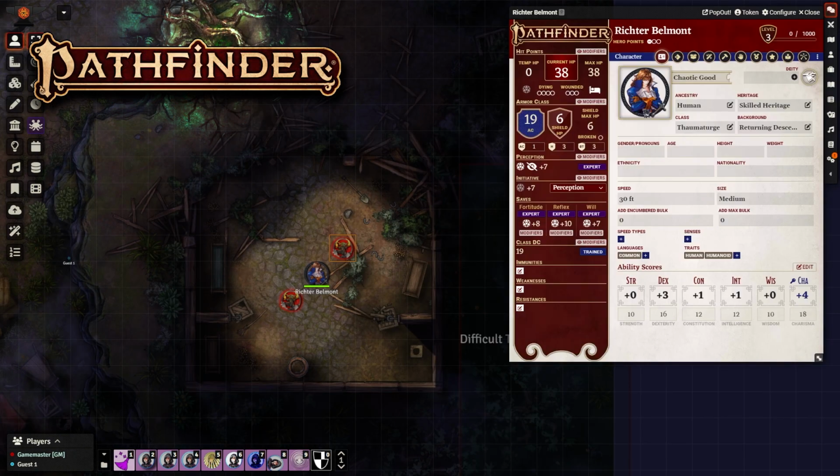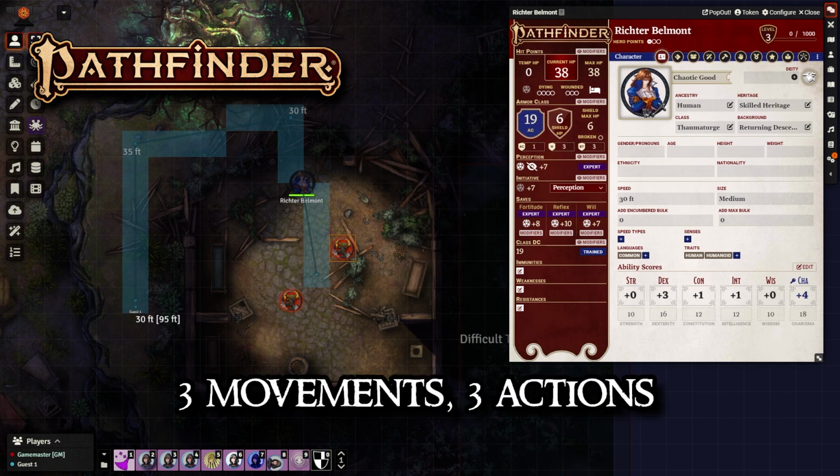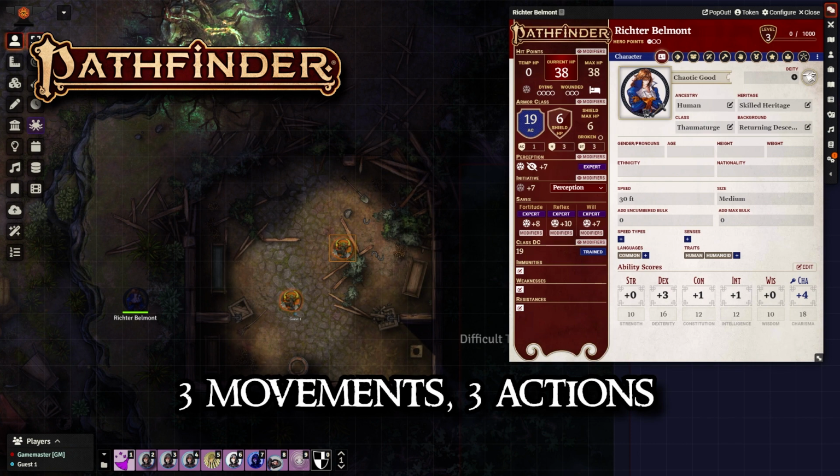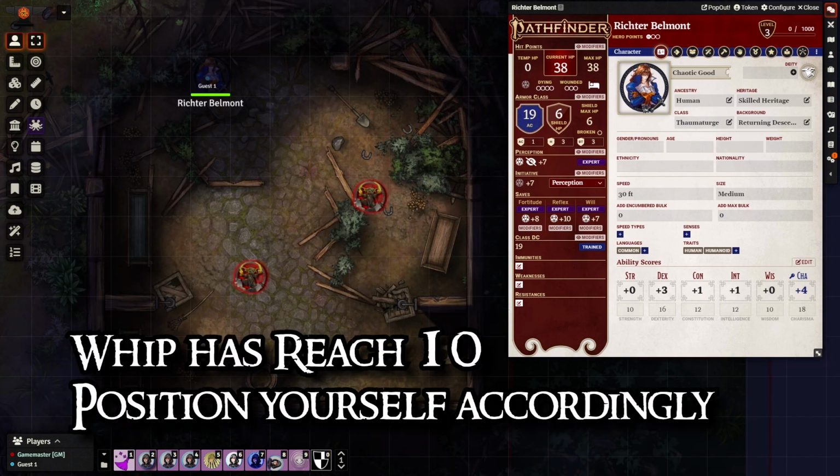Within PF2e, movement is 1 action for your total speed, and if you stop moving, that completes your first action, so allowing people to move 3 times in a row can cover mass distances, but it also means you need to be as practical as possible with your movement.